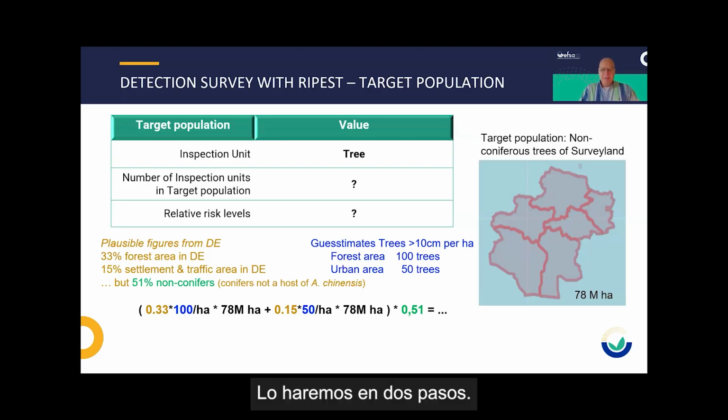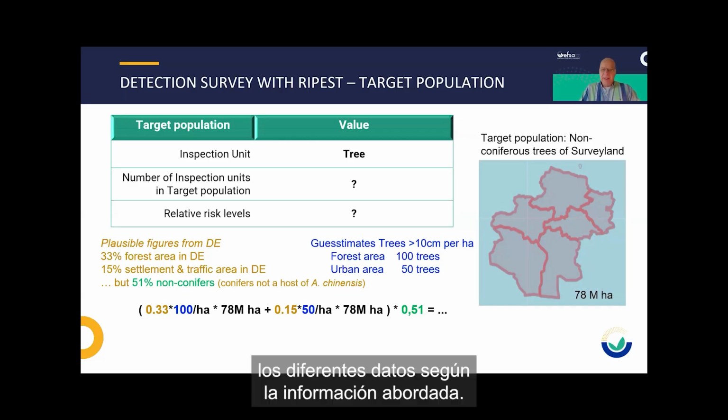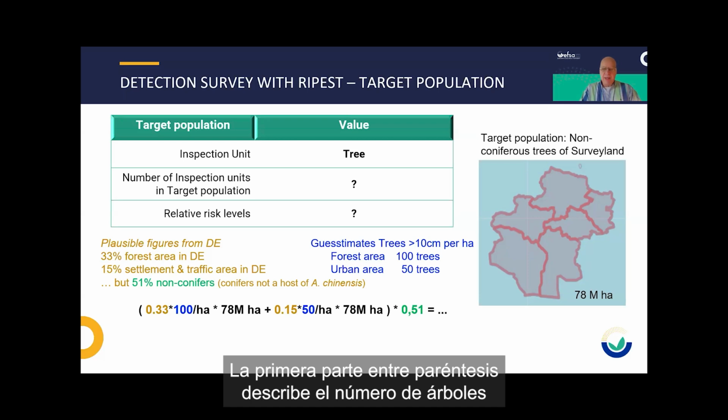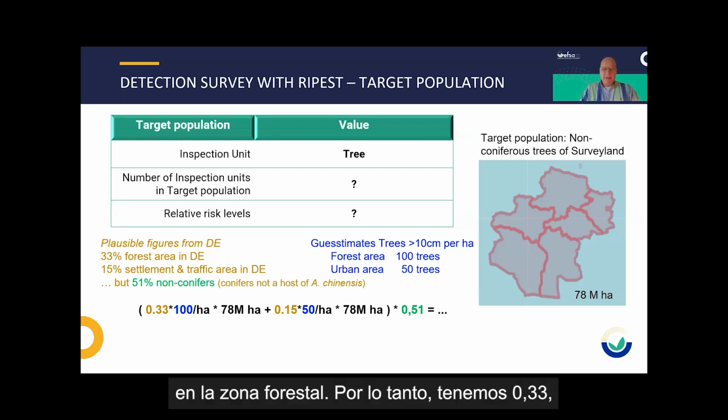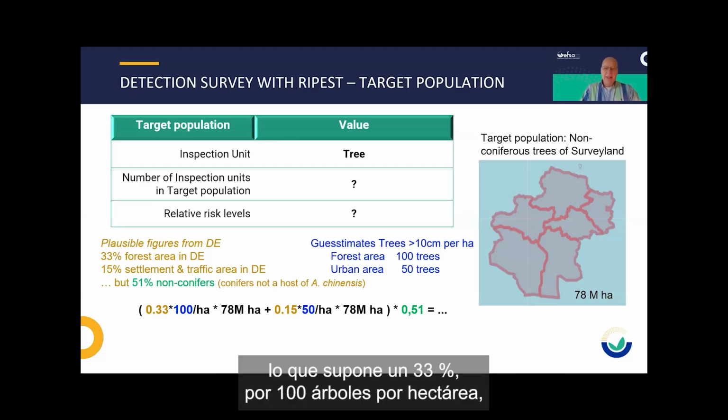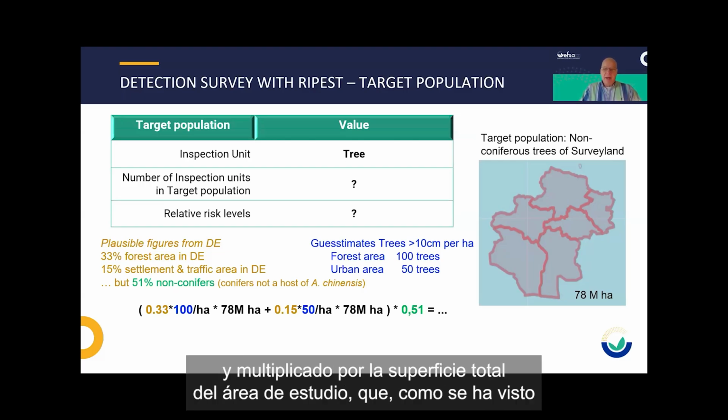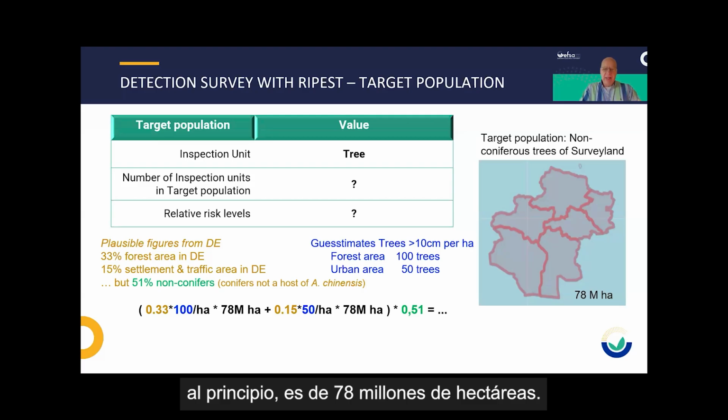We do this in 2 steps, and to help with this, we have colored the different data according to the input that we just discussed. So the first part in the brackets is describing the number of trees in the forest area. So we have 0.33, 33%, times 100 trees per hectare for the forested area, times the total area of Surveyland, which was, as you have seen from the beginning already, 78 million hectares.